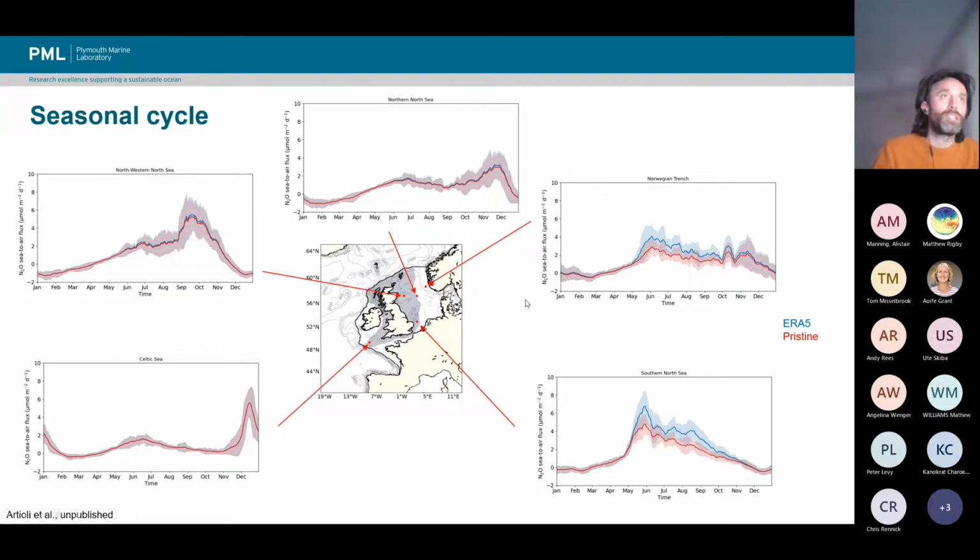And we can see that this does not occur homogeneously throughout the year, but has a clear seasonal pattern. This is particularly evident in the more productive regions for N2O, for instance in the southern North Sea or in the Norwegian Trench, where N2O is produced generally in the warmer period, late spring to summer, and then you mostly see this difference.